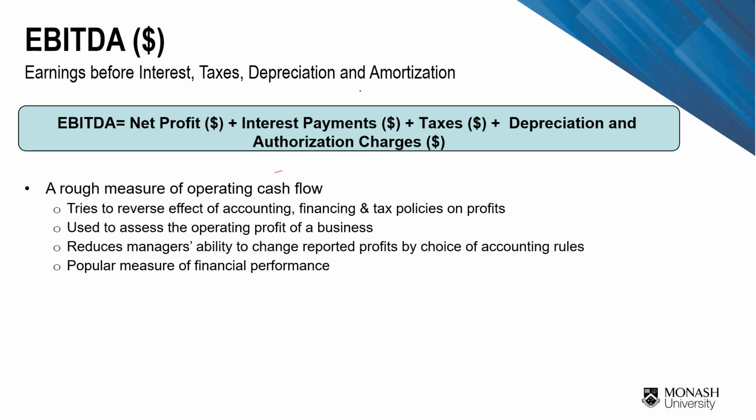So if you think about it, if you have two companies making the exact same money, let's say company A and company B, with exact same profit of 300 million.